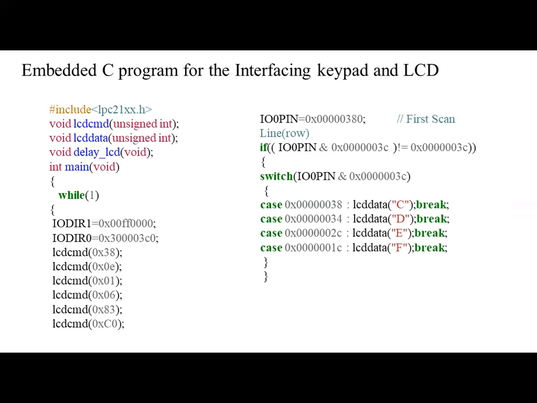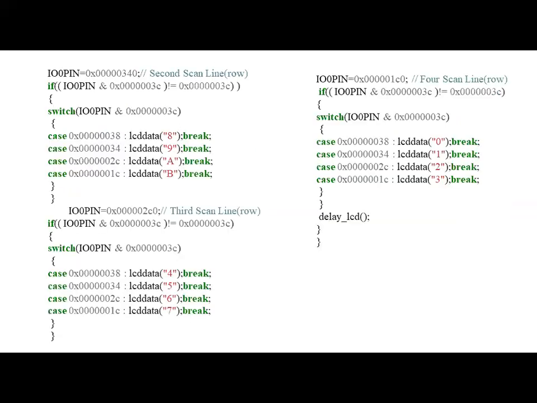Now IO direction registers 0 and 1, then LCD command continuously for all the data lines, and first scan IO pin, then if IO pin switch IO pin, whatever given here in these different cases, with break.